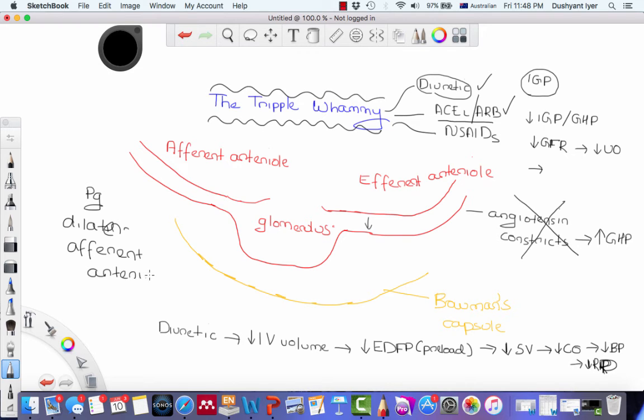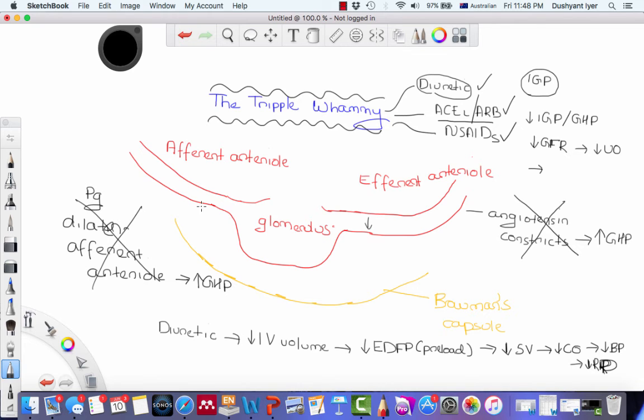And as you can imagine, this also, because there's more blood coming into the glomerulus, actually increases the glomerular hydrostatic pressure. But if you block the production of prostaglandins by giving NSAIDs, you block this afferent arteriolar vasodilation.